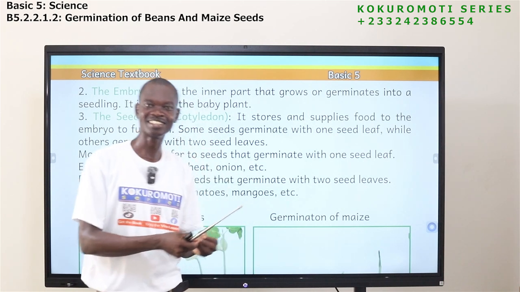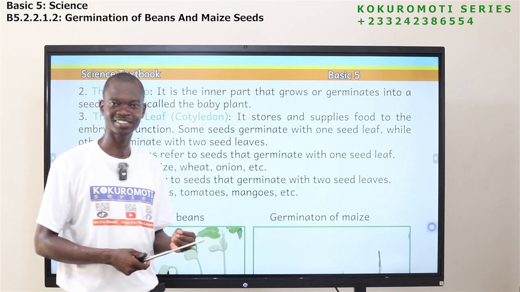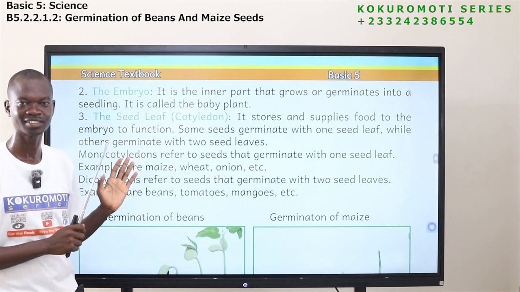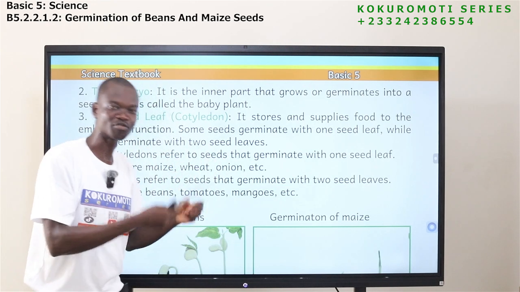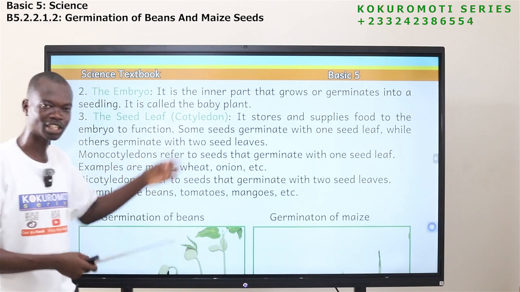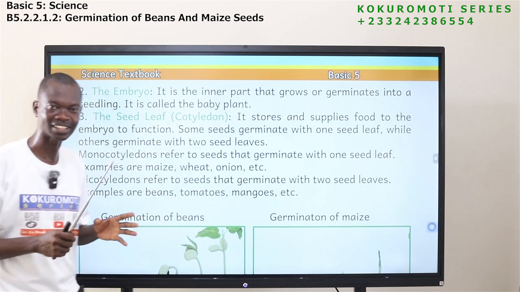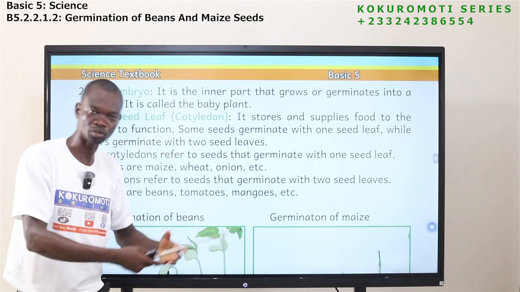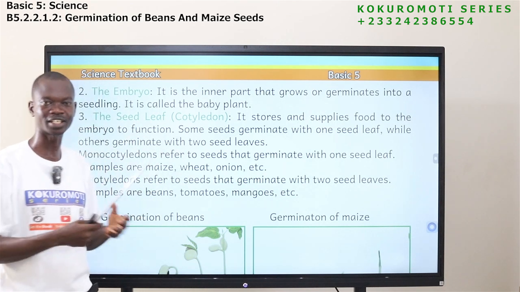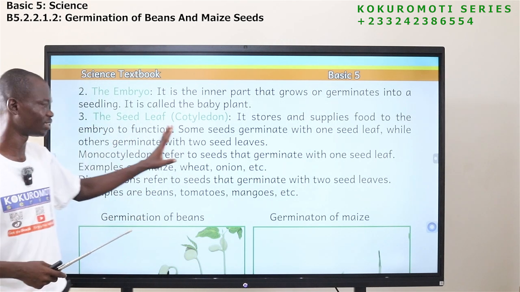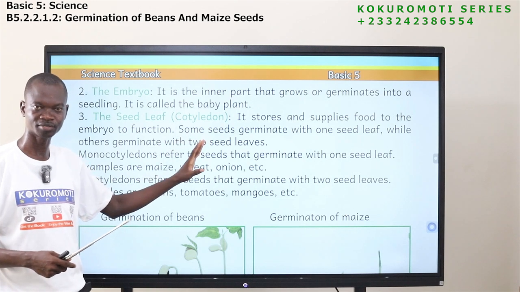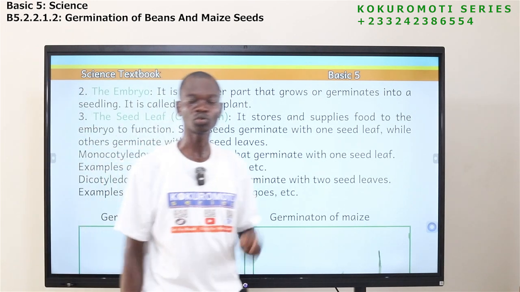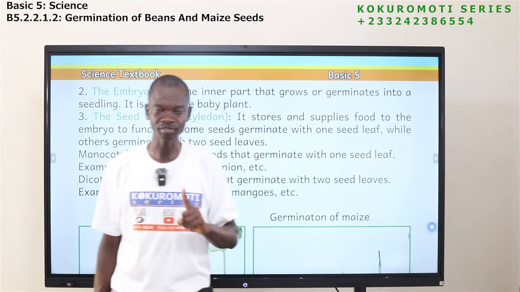The cotyledon stores food for the baby plants. It also supplies the food that it has stored to the baby plant. The function is that it feeds the baby plant, which is also called the embryo, for it to grow. Remember that some seeds germinate with only one seed leaf.